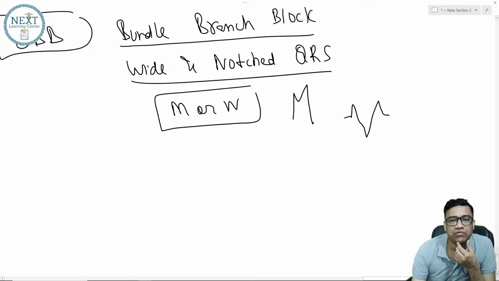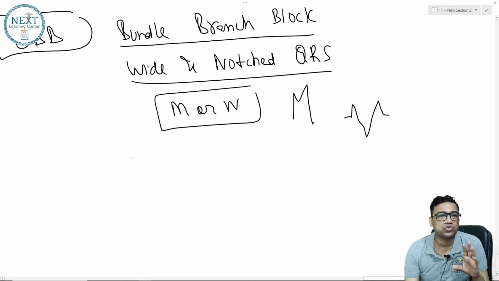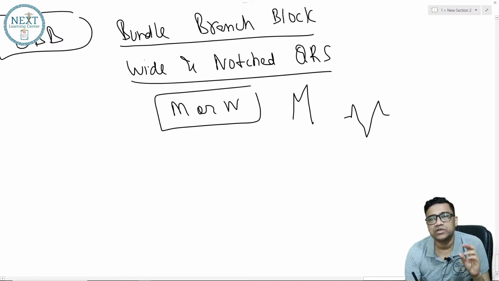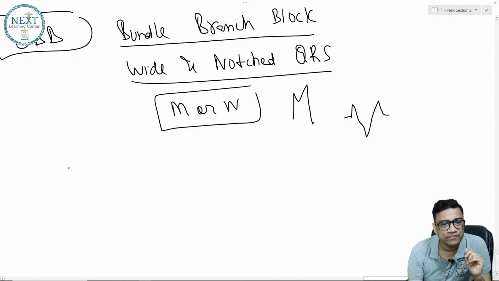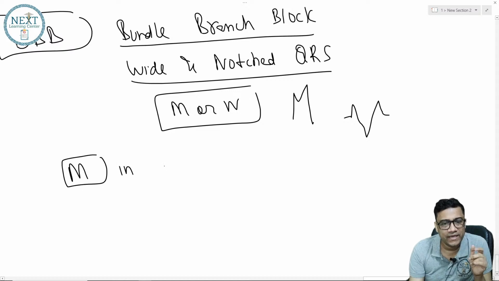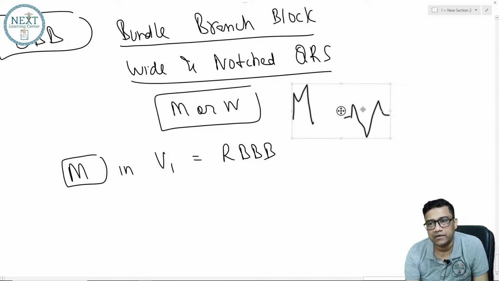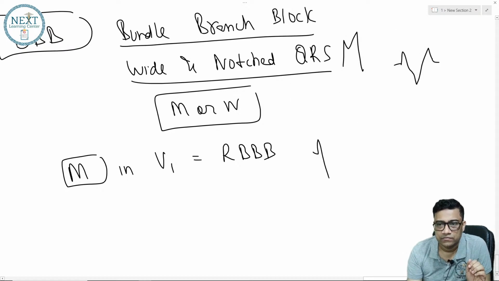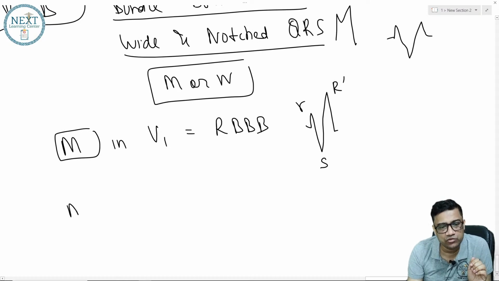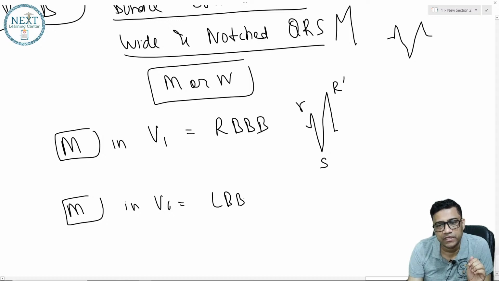So remember my logic. If you want to solve this question, very simple rule: just remember notching of the QRS. Mainly we will see two patterns. If you see the M in V1, it is RBBB, like this, R dash S. If you see M in V6, it is LBBB.